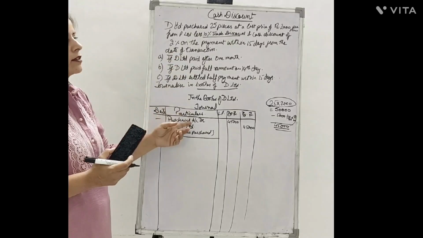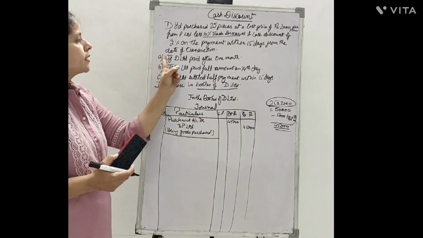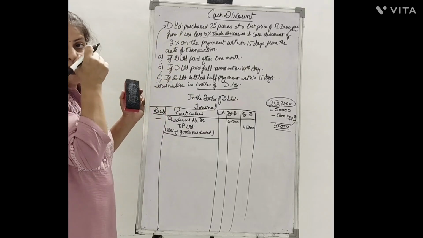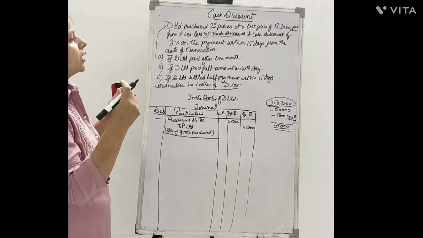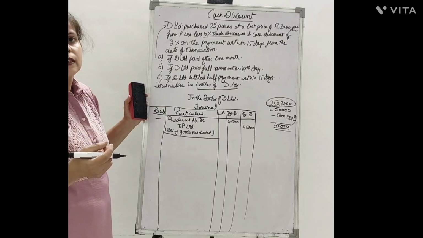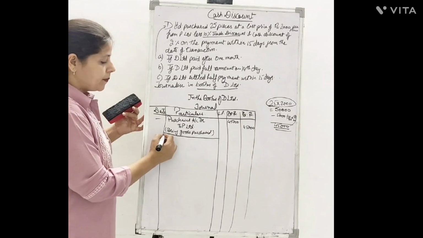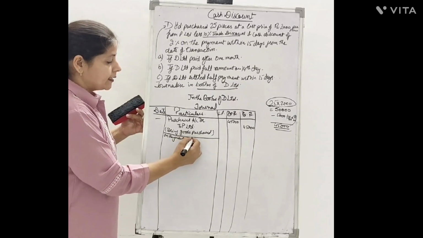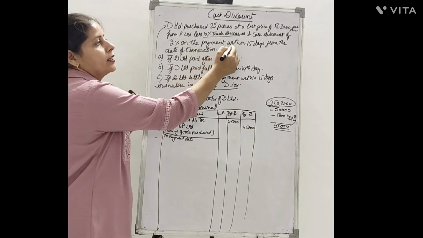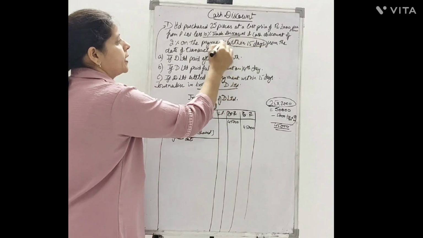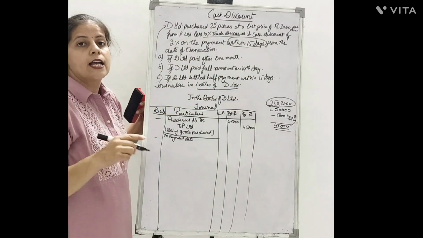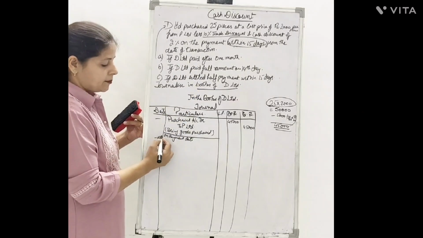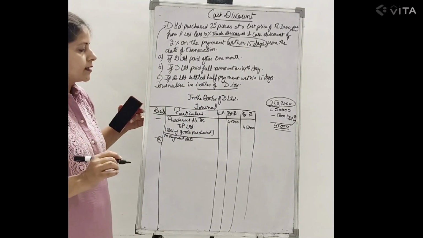Now there are three cases to this transaction. First case: if D Limited paid after 1 month of this purchase. There was a condition that if payment is made within 15 days, only then is there a 2% cash discount. Now the payment is made after 1 month, so no cash discount is available.